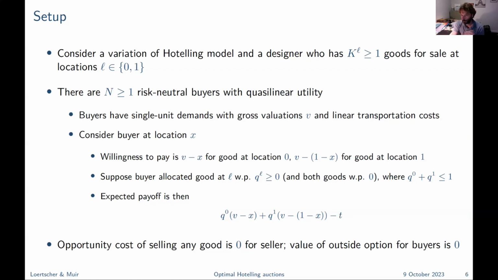So even though it's a Hotelling model, T stands for transfer, not for the transportation cost, which is taken to be linear with a constant marginal cost of 1. The opportunity cost of selling for the seller is 0, and the value of the outside option for the buyers is also 0.